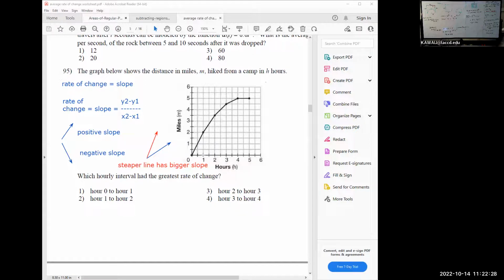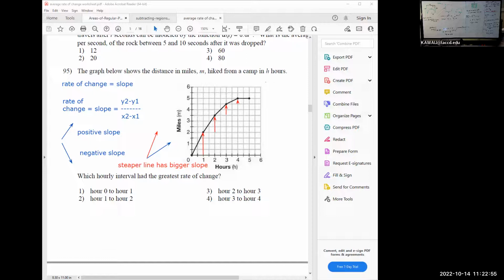So if we were to look at this, each one of these is exactly the same, from here to here, or from here to here, or from here to here, or from here to here, and then here. You want to say which one has the steepest line.